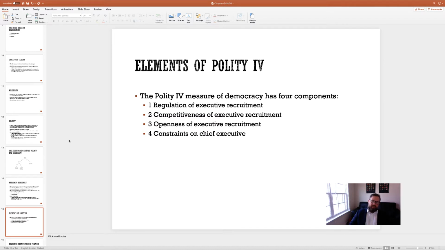So how open is executive recruitment? So how transparent is the process? And then finally four, constraints on the chief executive. How many constraints does the chief executive have? And this Polity score measures democracy and autocracy as a function of each of these four things.